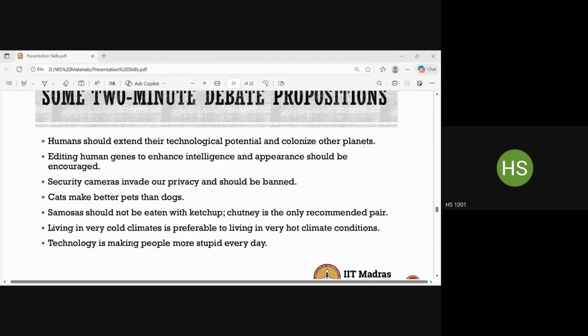So your focus should be on stating your own position, giving reasons to back up that position, giving examples to illustrate that position, and then anticipating any counter arguments that you possibly can anticipate, and concluding by restating your original position. Living in very cold climates is preferable to living in very hot climatic conditions.